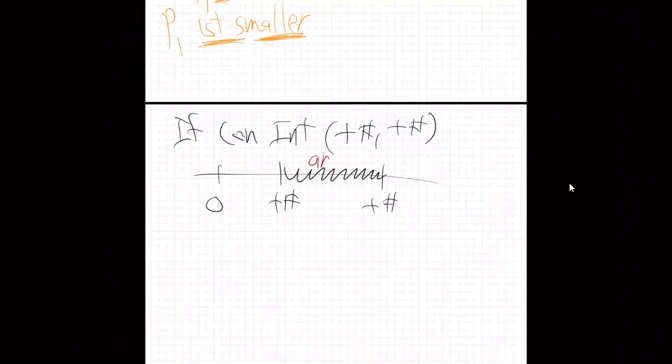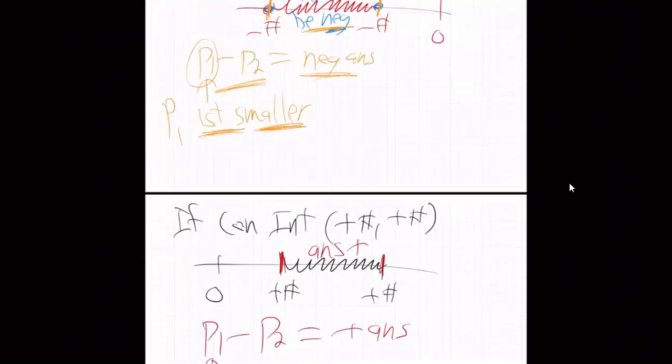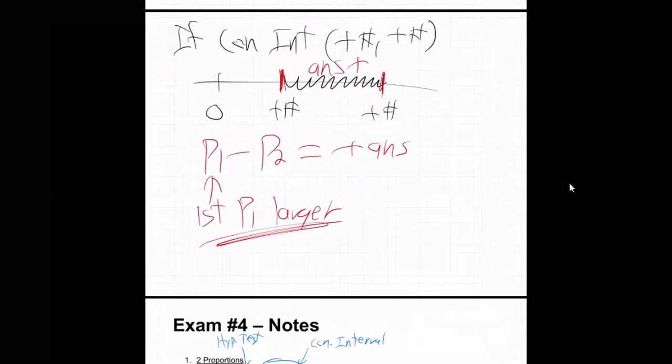That means your answer must be positive because it's between 2 positive numbers. So if you take P1 minus P2 and you're getting a positive answer, what does that mean logically? P1 is larger, bigger, right? The only way you can subtract 2 things and get a positive answer is if the first number was bigger. So there's our 3 cases.